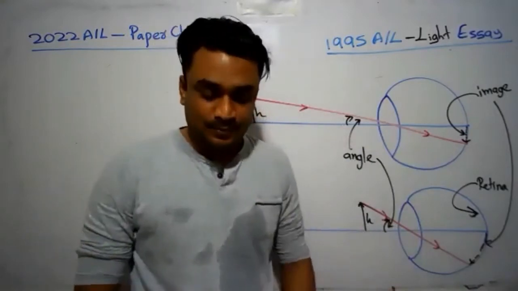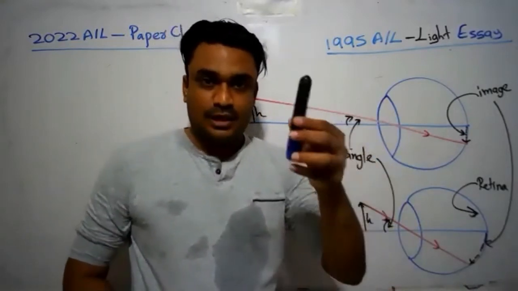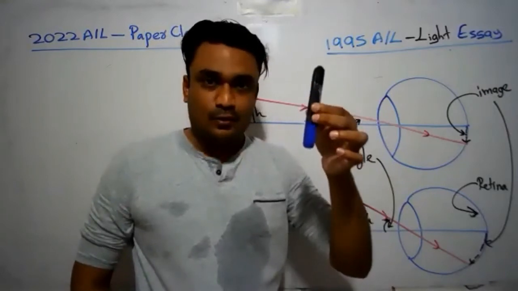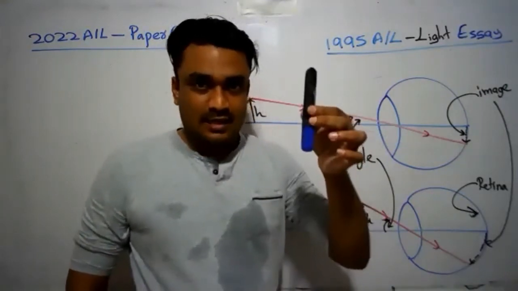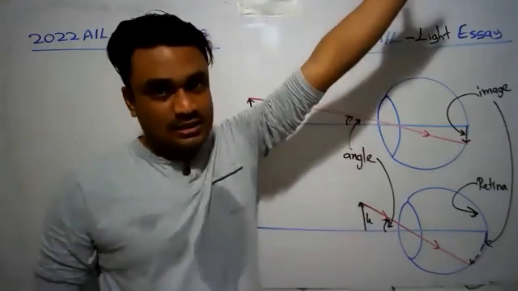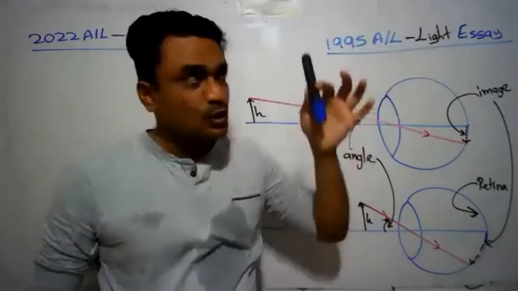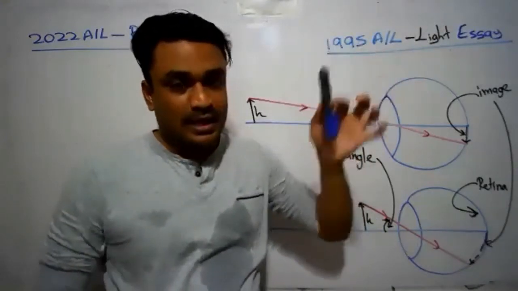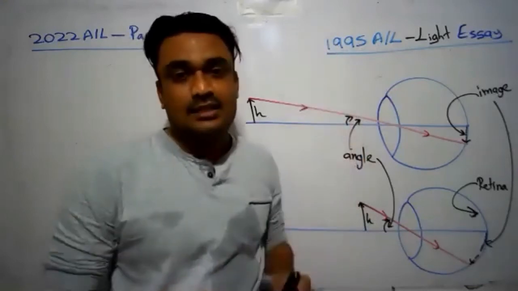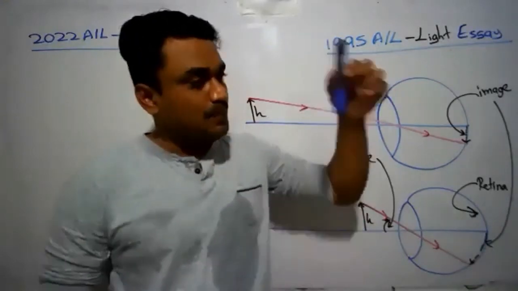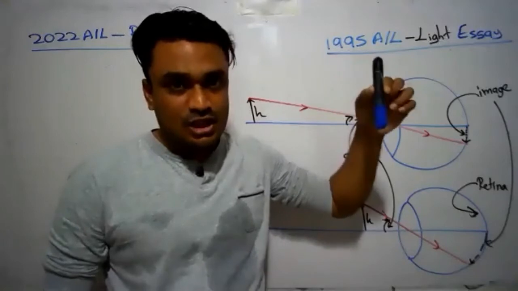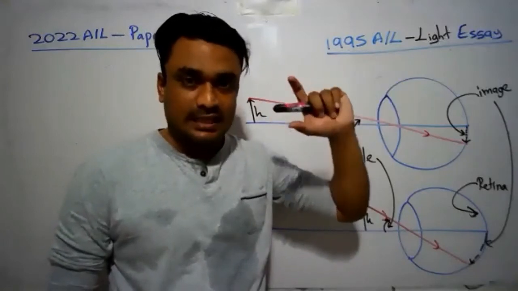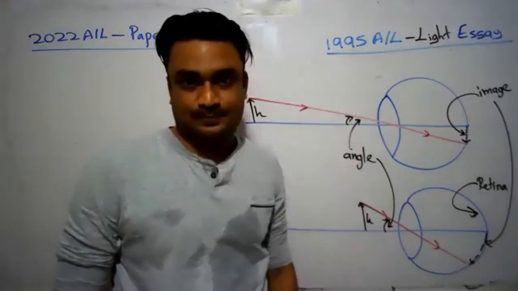For example, if you take a pen and keep it closer to your eye, you will see it in larger size. At the same time, if you look at an aeroplane moving far away from you, you will see the aeroplane smaller than the pen, because the pen subtends a larger angle on the eye, so you see the pen as a larger object.